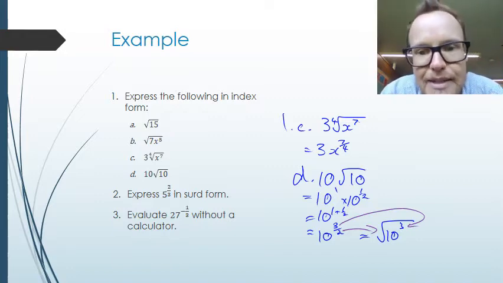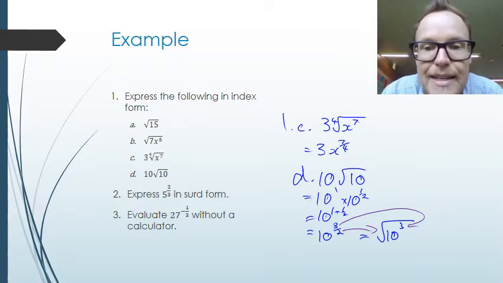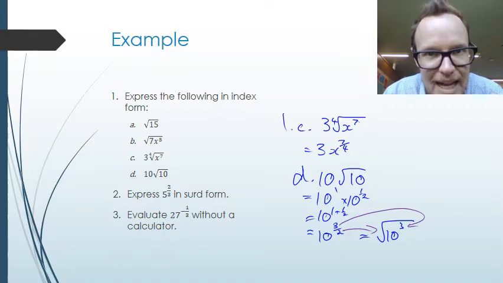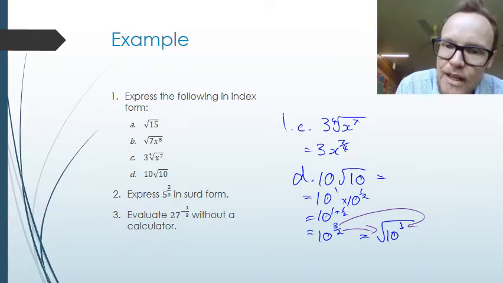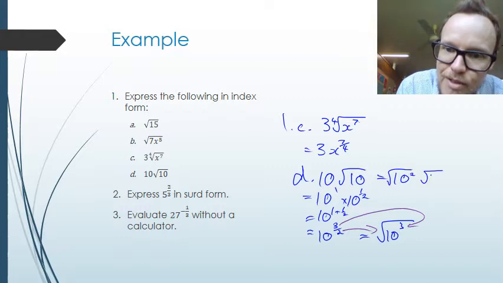10 itself is the square root of 10 squared. So if I take 10 squared, 100, take the square root, I get 10. So that means this is equivalent to the square root of 10 squared times root 10.